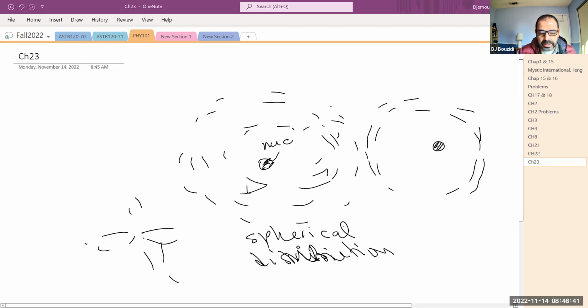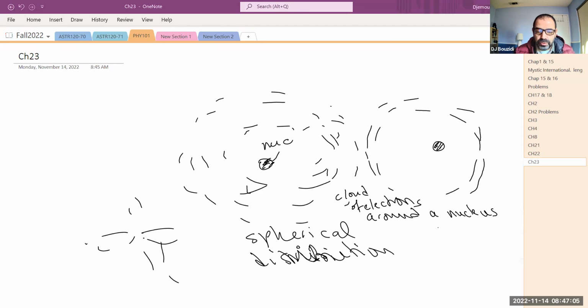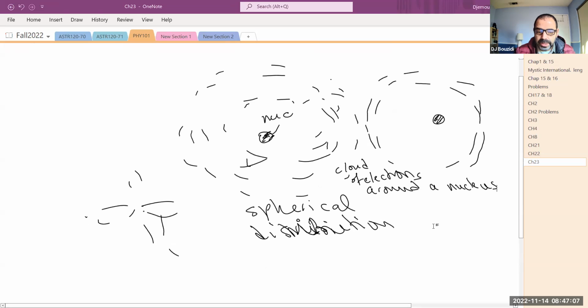Anyway, I'm not going to try to get into the idea of the orbitals, but the point here is there is a cloud of electrons around a nucleus. Okay, this is the current view of the picture of the atom. So that's what we know about them.